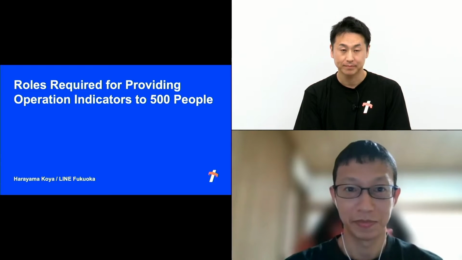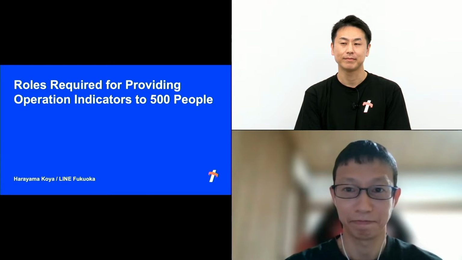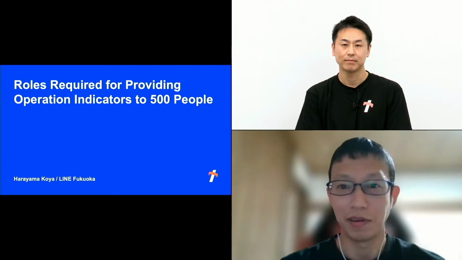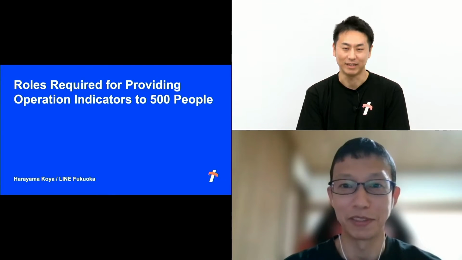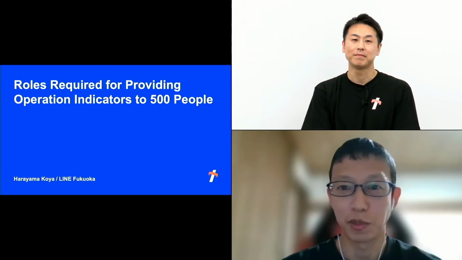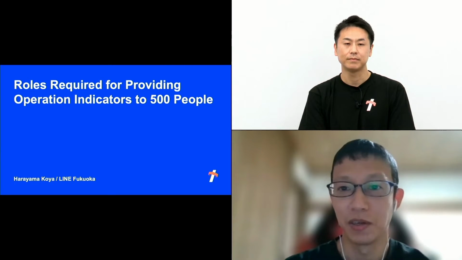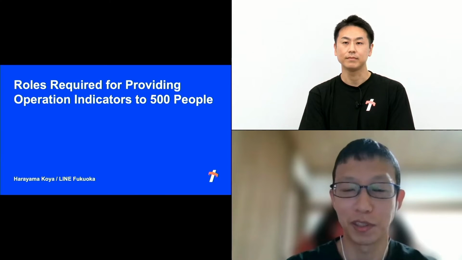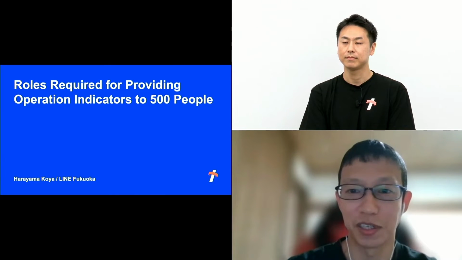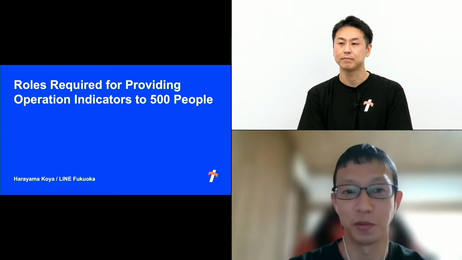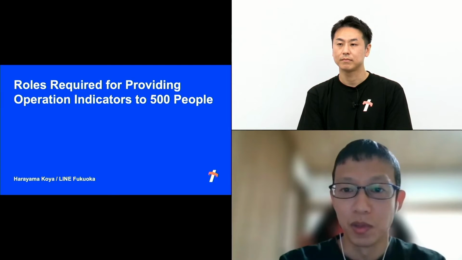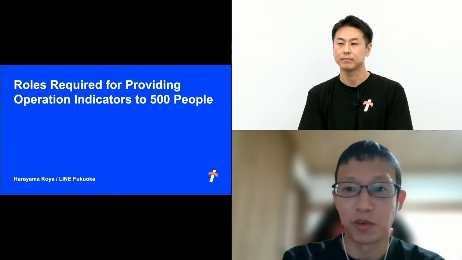Then Mr. Ujino, as you listened to the session, is there anything that you would like to ask? Harayama-san, thank you for your presentation. At Yahoo Japan, I am also doing the maintenance of data for data utilization myself. So as I was listening, I thought there were some things common between us.